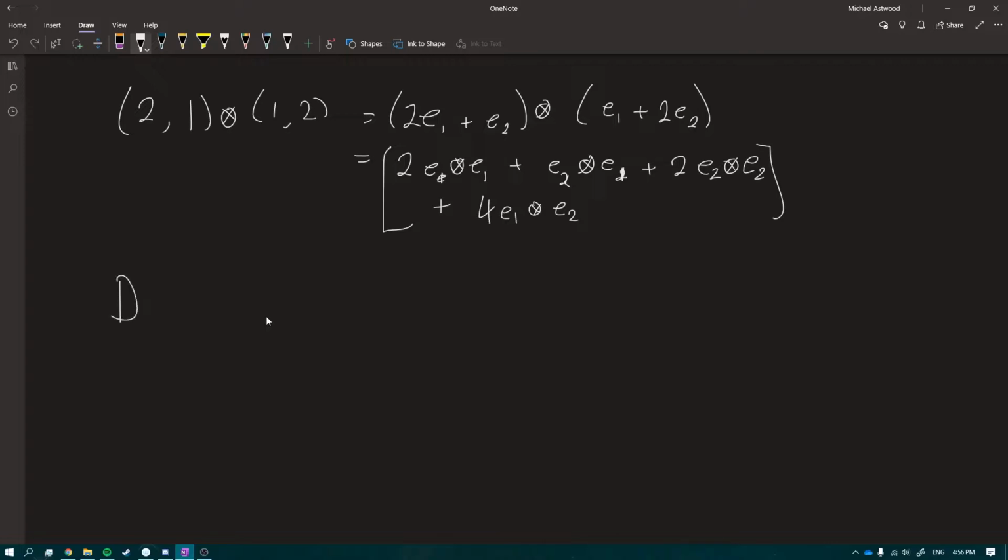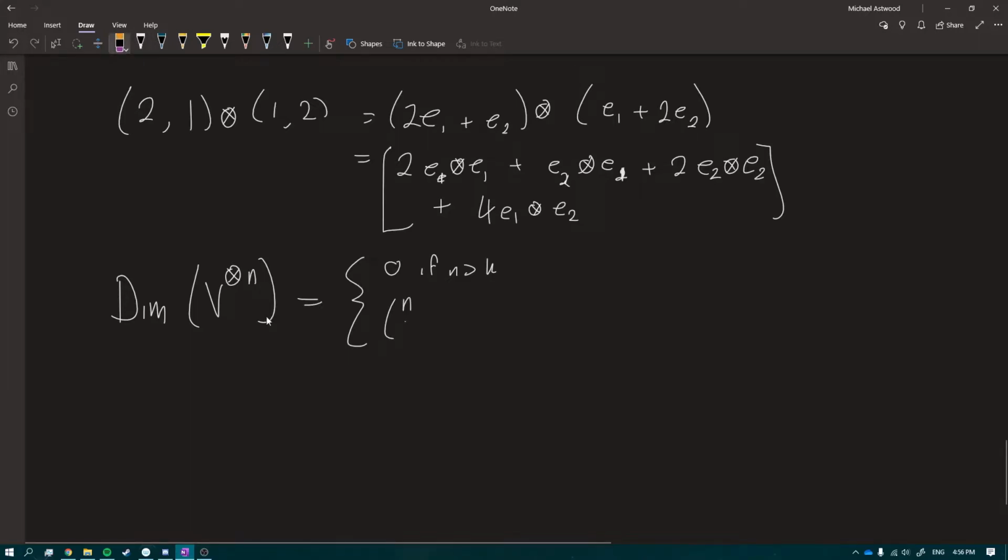So we can see that the dimension of the tensor product V tensor n is equal to 0 if n is strictly greater than k, and otherwise it's k choose n.